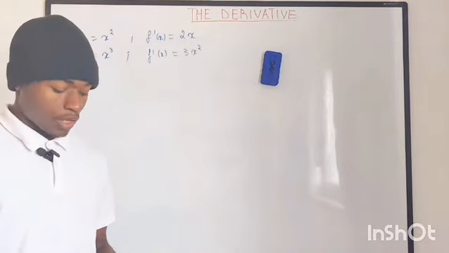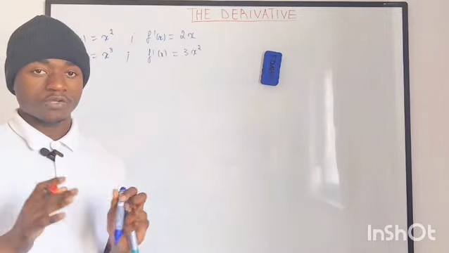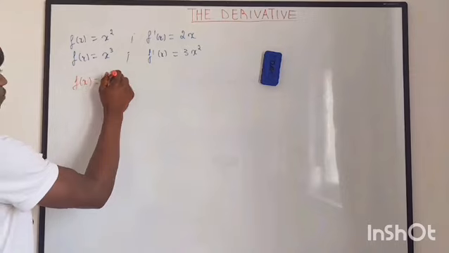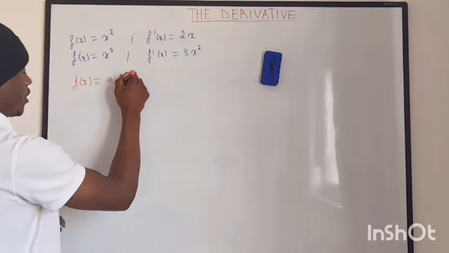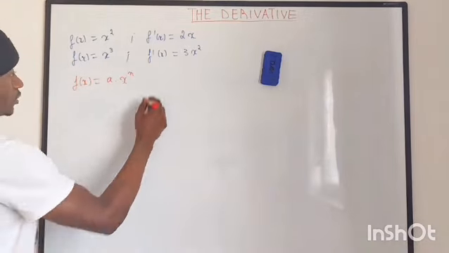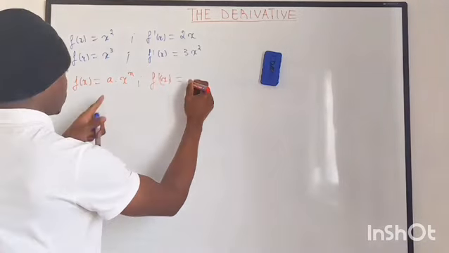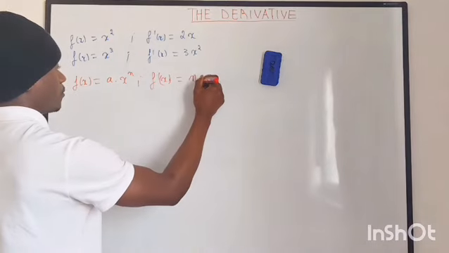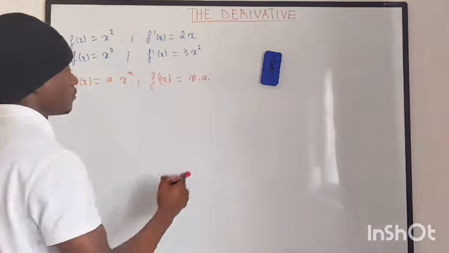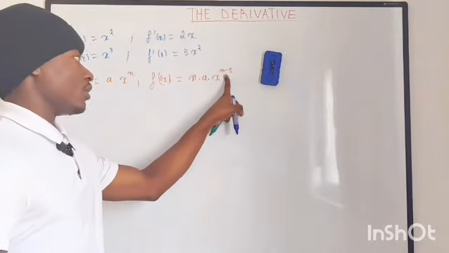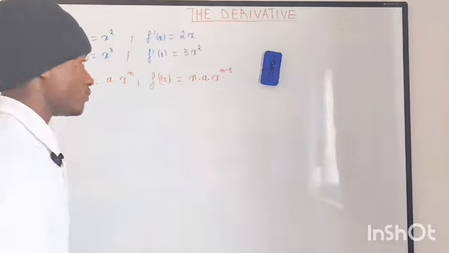For a polynomial function, the derivative can be expressed in one specific form. The function is in the form f(x) equals a times x to the power of n. The derivative will be f prime x equals n times a times x to the power of n minus 1. That means the exponent always decreases by 1.